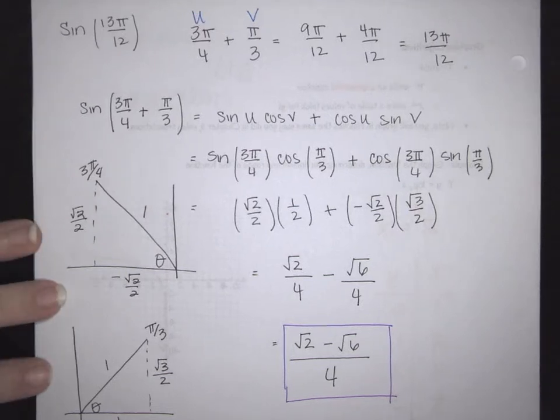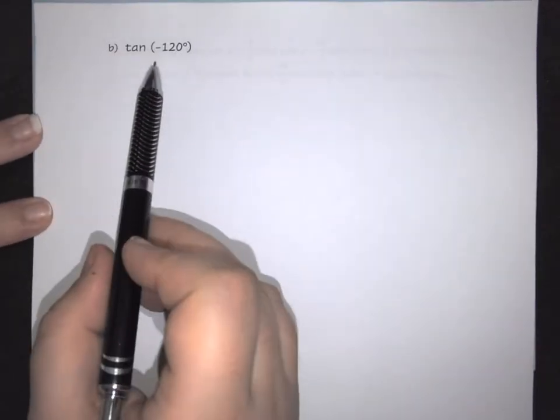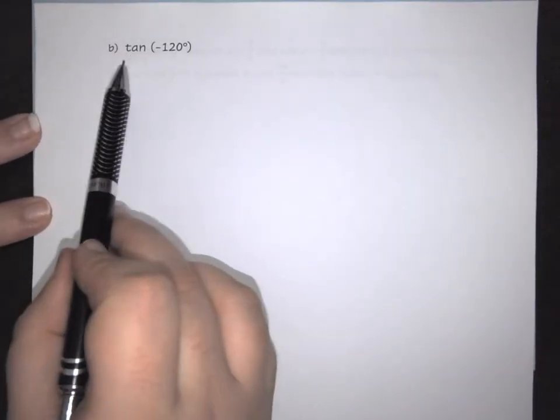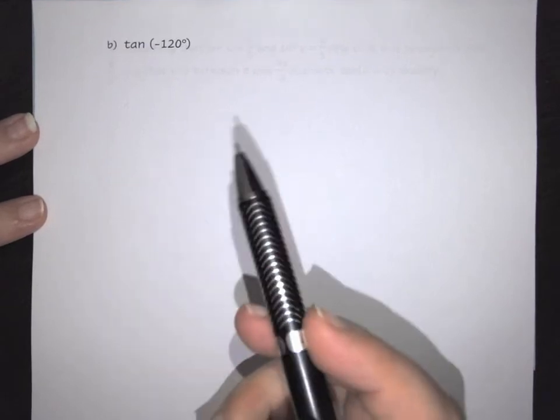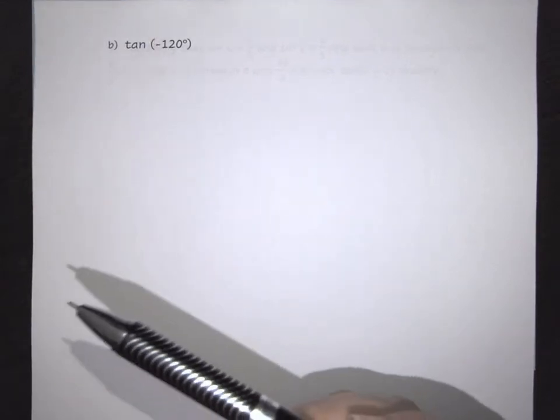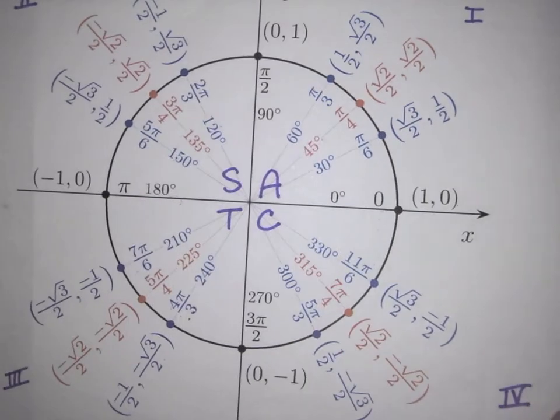unit circle. Now sometimes you're going to come into equations where you can't find two methods, and so here I want to do the tangent of negative 120 degrees. So I have to think about how can I get to 120, and not only that, I want it to be negative. Okay.